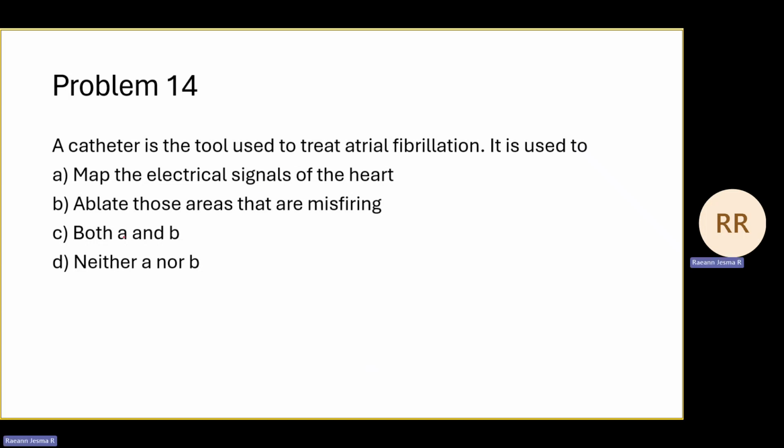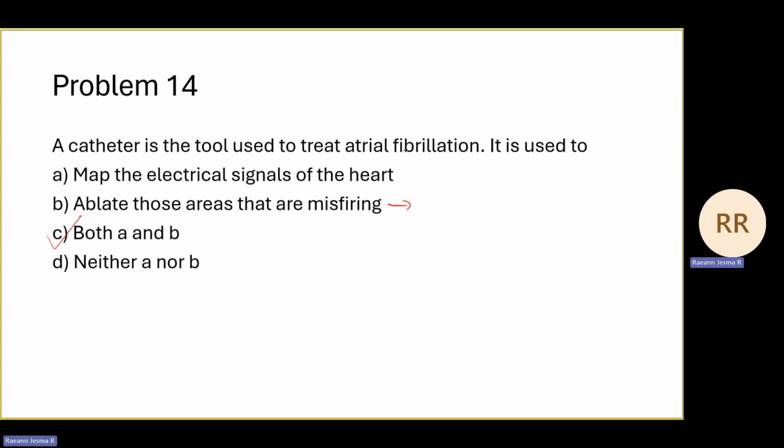So the correct answer for this question is option C, both A and B. We already know that we can ablate the areas which are misfiring. And also at the tip of the catheter, we have sensors. Those sensors map the electrical signals of the heart, giving you detailed electrical activity.